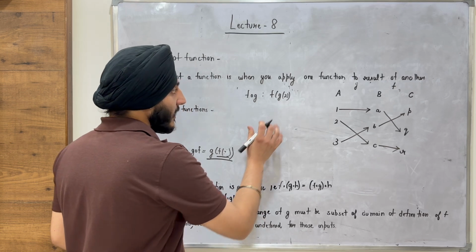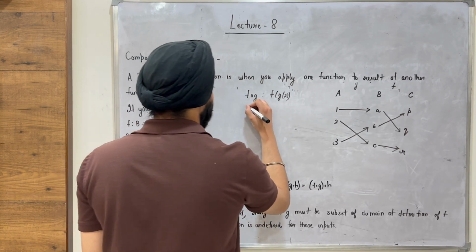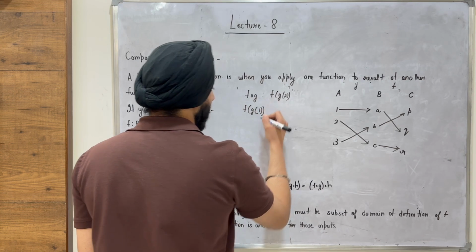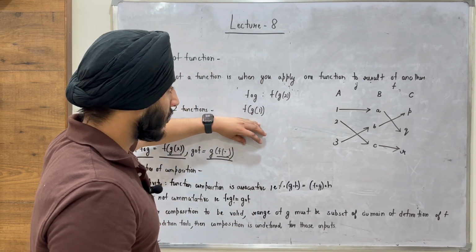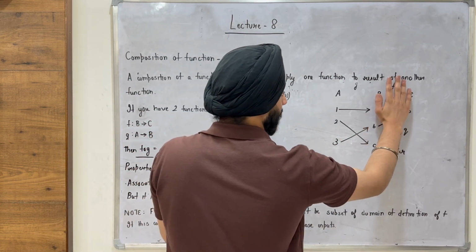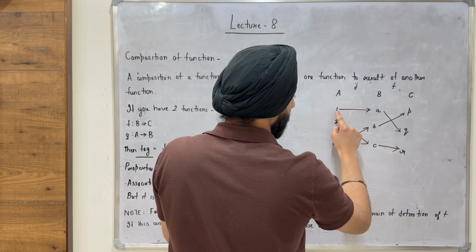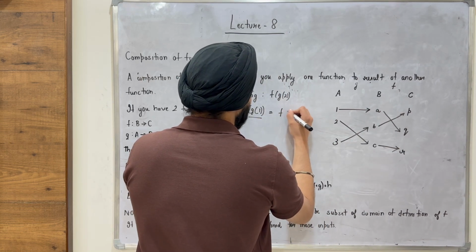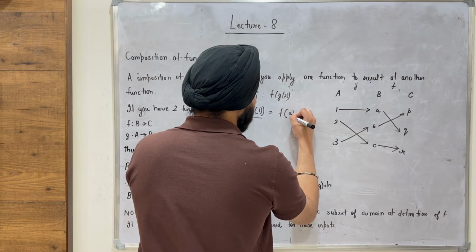Now, let's say I need to find f of g of 1. How do I find it? First of all, I'm going to solve g of 1. If I take a look at this function, 1 points to a. So I need to find f of a in this case.